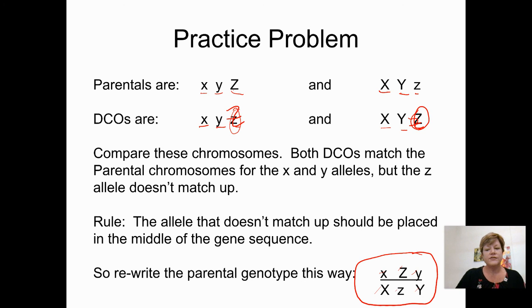So this is kind of the hardest part, in my opinion, is figuring out the correct gene order. Don't worry if you're not 100% understanding it right now, because we're going to keep working on that.